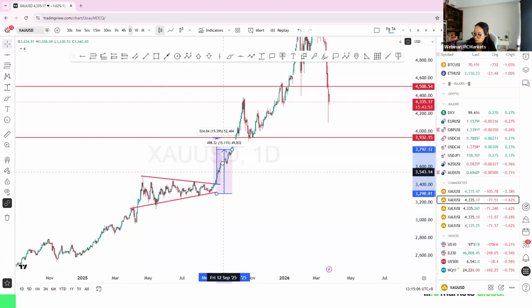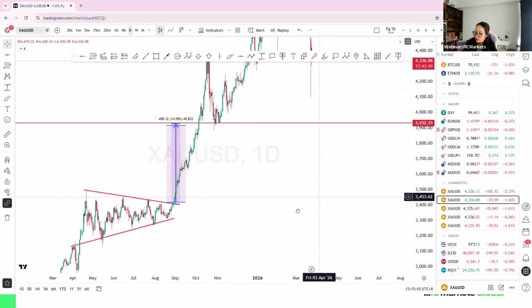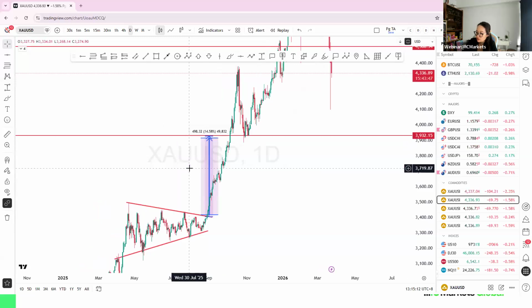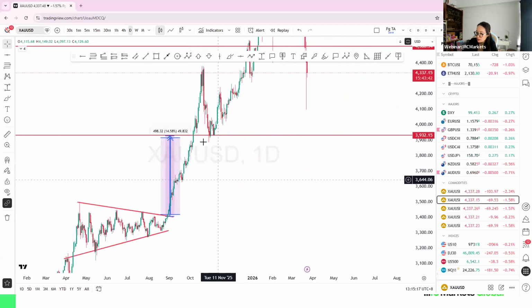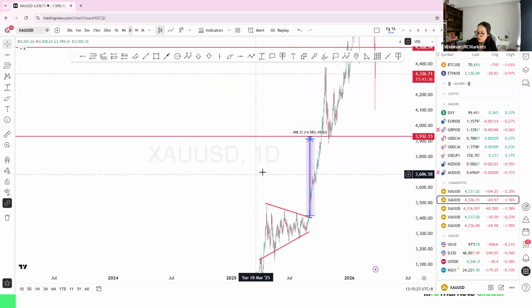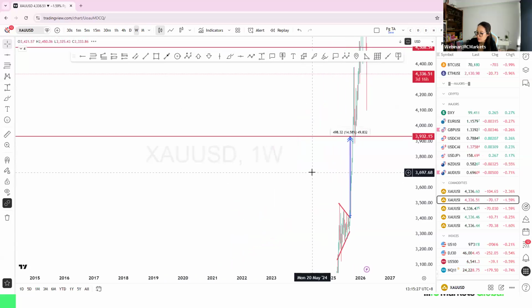Whenever it breaks out, it's going to be at this level, that's going to be the TP. Or whenever it breaks out here, you can see it still breaks out, and then after the pullback the resistance becomes the support level. This was the all-time high at that time as well.